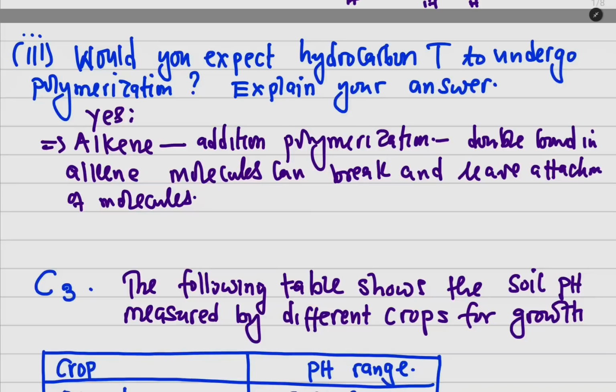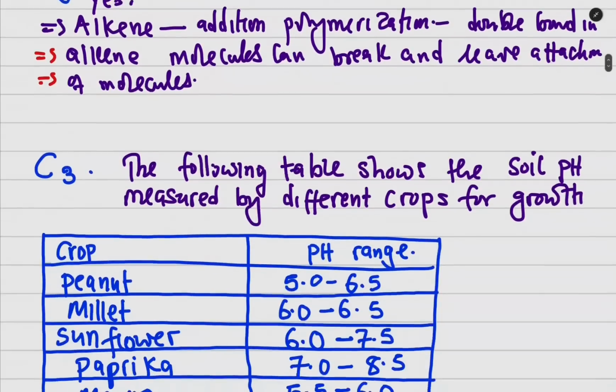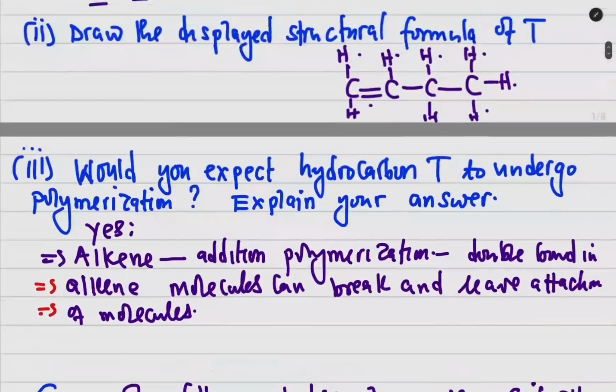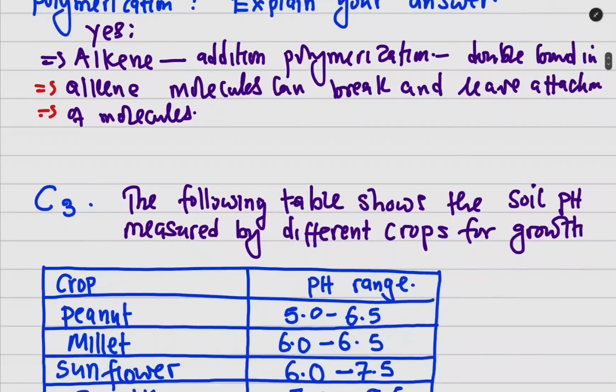Okay, I think that is what you can basically explain here. But if you have another way of expressing it, you can go ahead and put that. But what I can say is that they undergo addition polymerization, and you know what really happened in terms of the double bond. Okay, so that was the question on section B.